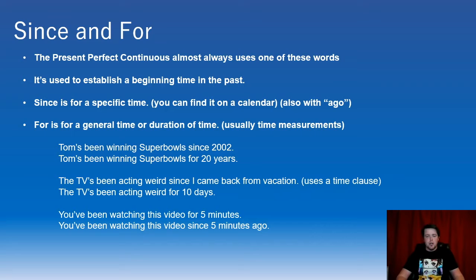For is for general time or duration of time, usually a time measurement. So for example, Tom's been winning Super Bowls since 2002, and Tom's been winning Super Bowls for 20 years. That's the same sentence, the exact same thing, but 2002, you can find it on the calendar. 20 years, that's a time measurement, so we use for for that.